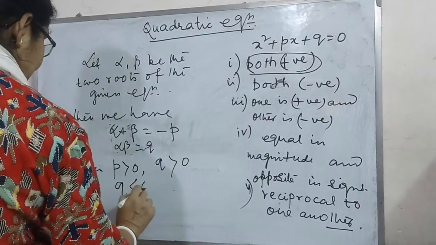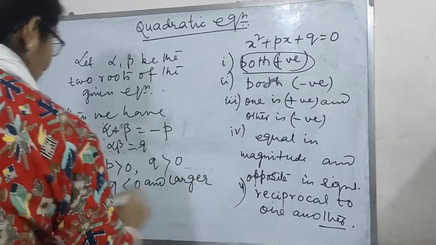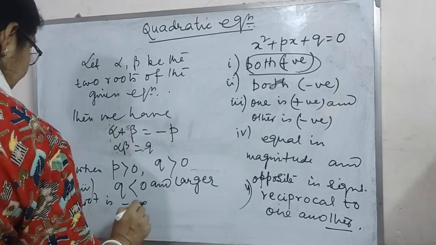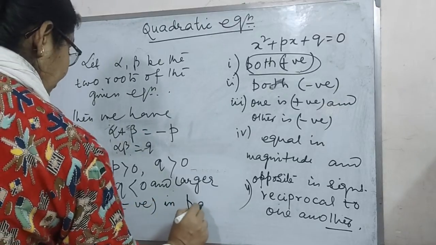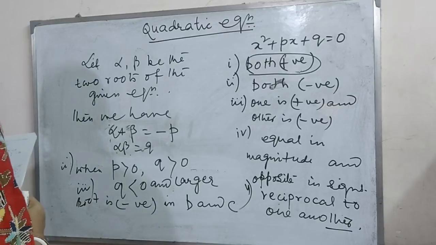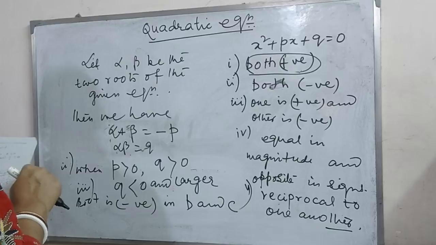Q less than 0 and the larger root is negative in sign.